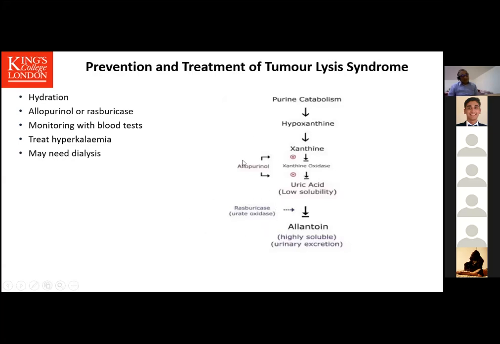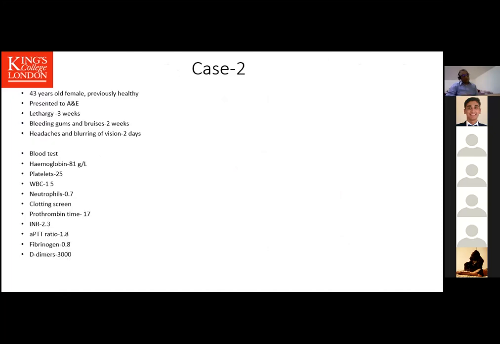It is not an enzyme inhibitor, but itself an enzyme. What it does is it dissolves uric acid into allantoin, which is highly soluble, and it can be easily excreted in the urine. So important thing for you to remember, and please make sure that you read Tumor Lysis Syndrome, because you'll be repeatedly quizzed on this one.